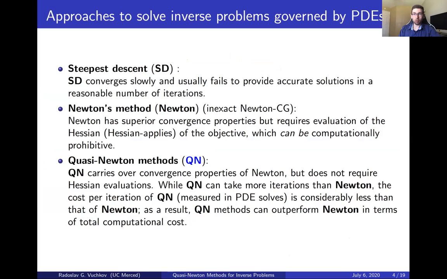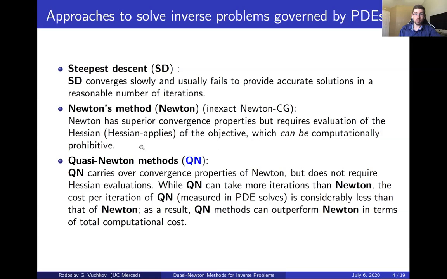So typical methods for solving optimization problems such as this are steepest descent, which is the most robust method, but also not really effective on this kind of problem because it takes thousands and thousands of iterations. It's slow to converge. Then there is the Newton method, which has superior convergence properties, and if we can use it, we would, but the problem is the Hessian is often not available, or even the Hessian apply.